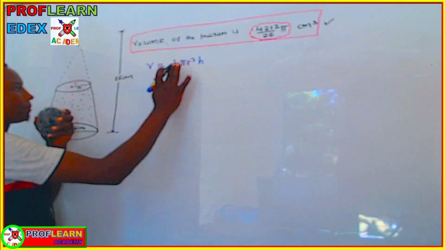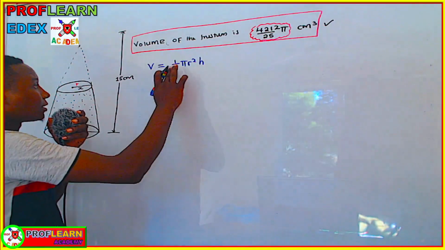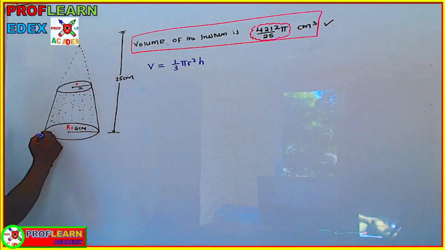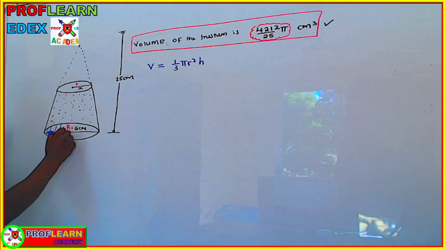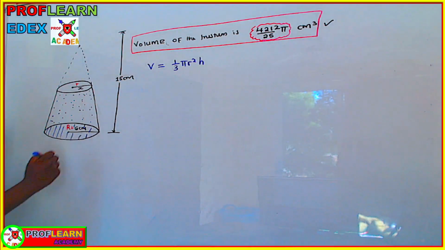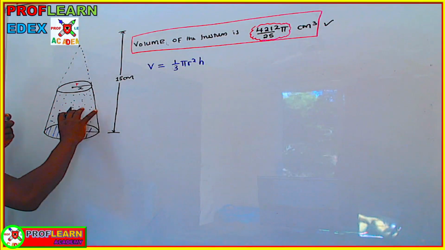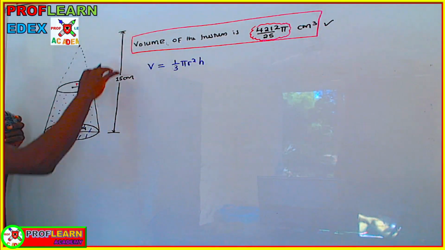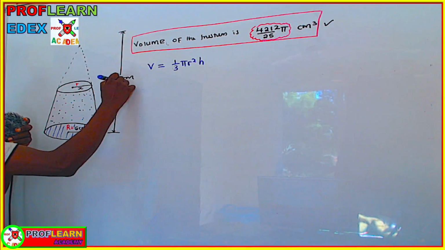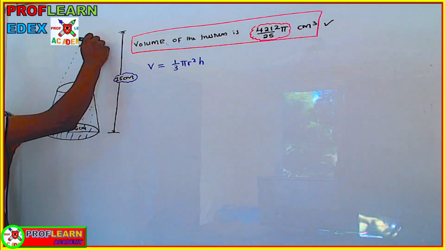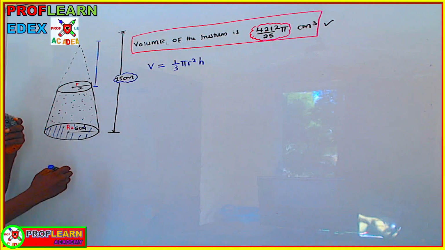A third of the base area times the height. So that means we need to know the height of the entire cone, which is already given here. We need to know the height of the small cone.